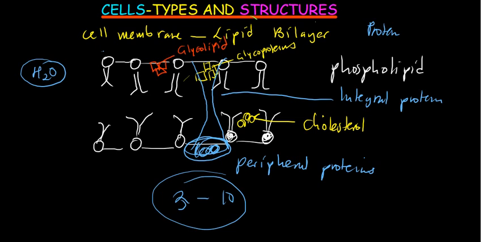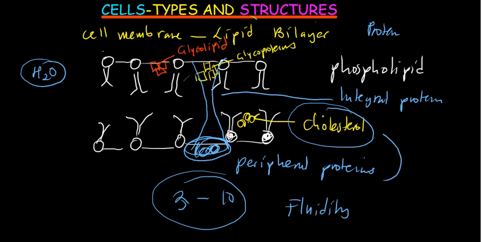Now, another important thing that we have in the cell membrane is cholesterol. Cholesterol is so important, it plays an important role in the fluidity of the cell. So how it does this is when it is too hot, cholesterol is an example of a lipid.